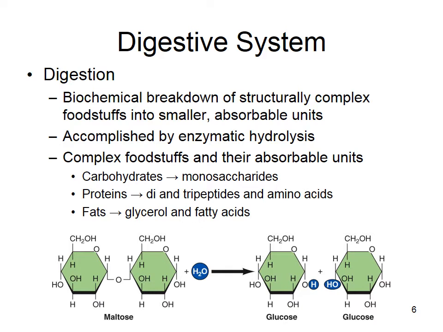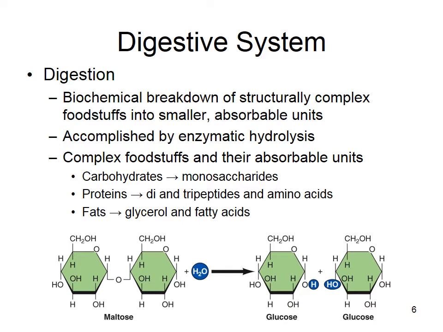By introducing water, we can break the covalent bond holding the two glucose monomers together. So our digestive enzyme maltase would bring about this chemical reaction, which is called hydrolysis, because we're breaking a covalent bond by introducing water.